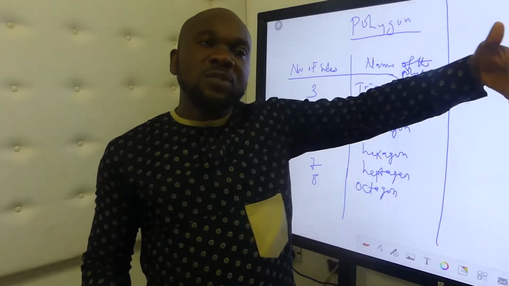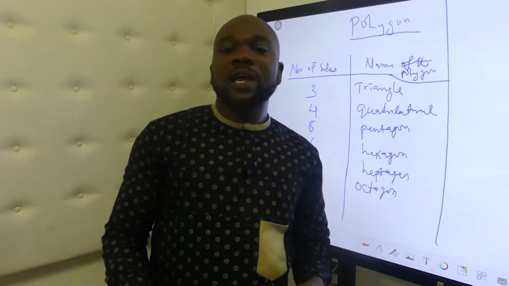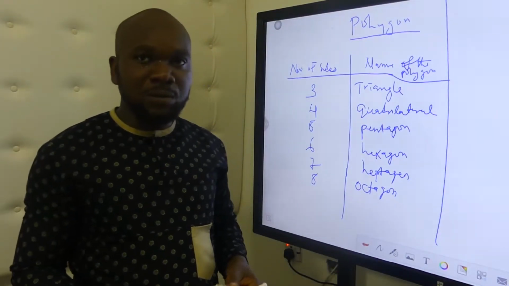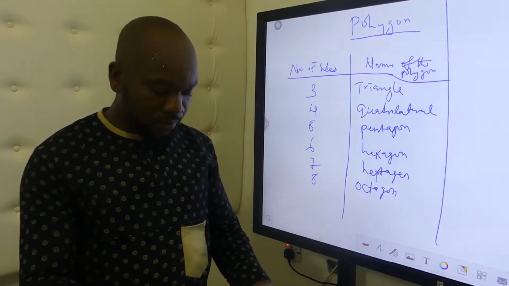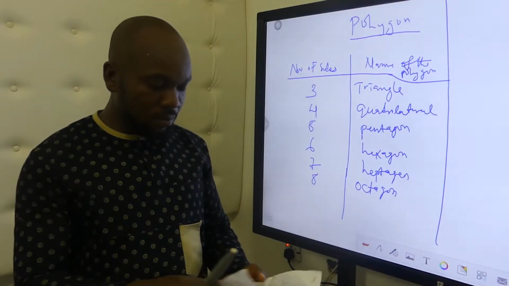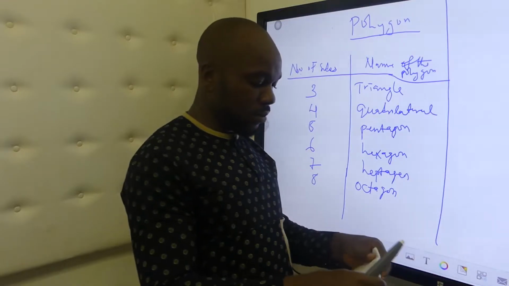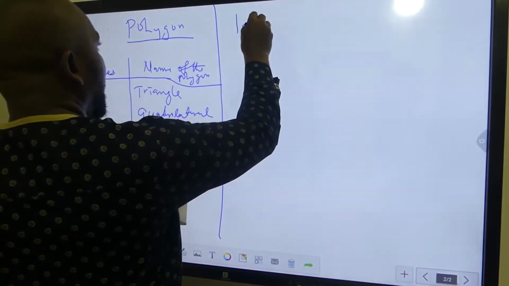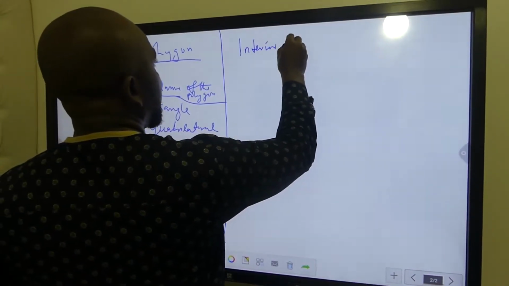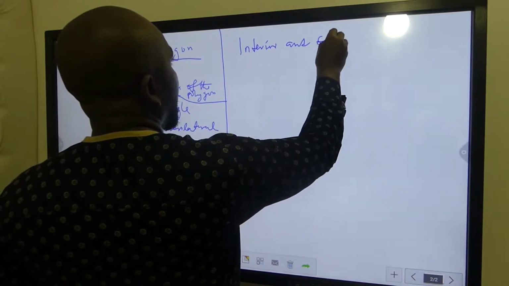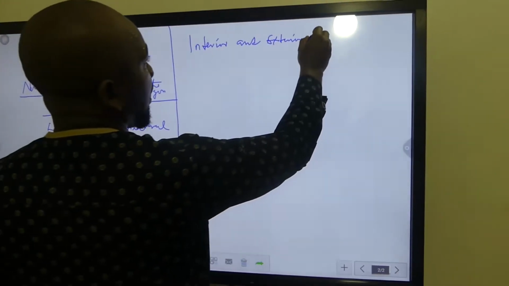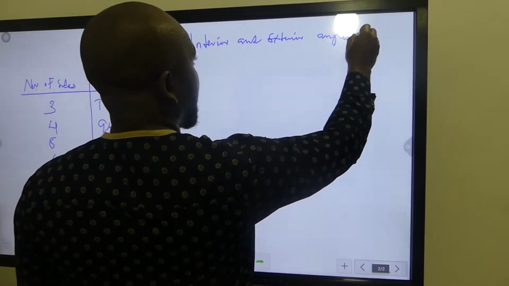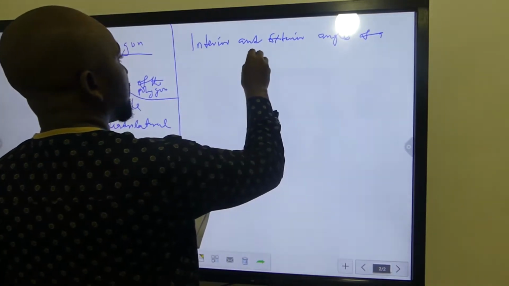Interior means inside angles, while exterior means angles that are found outside a polygon.